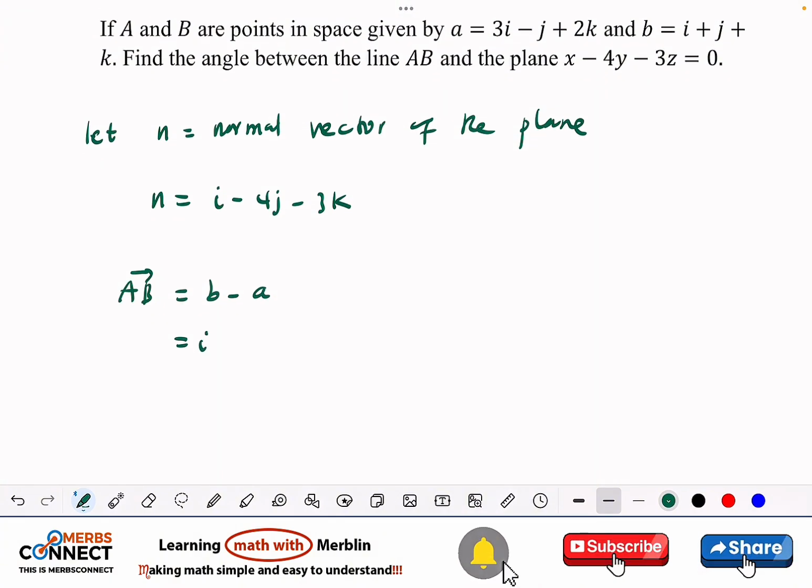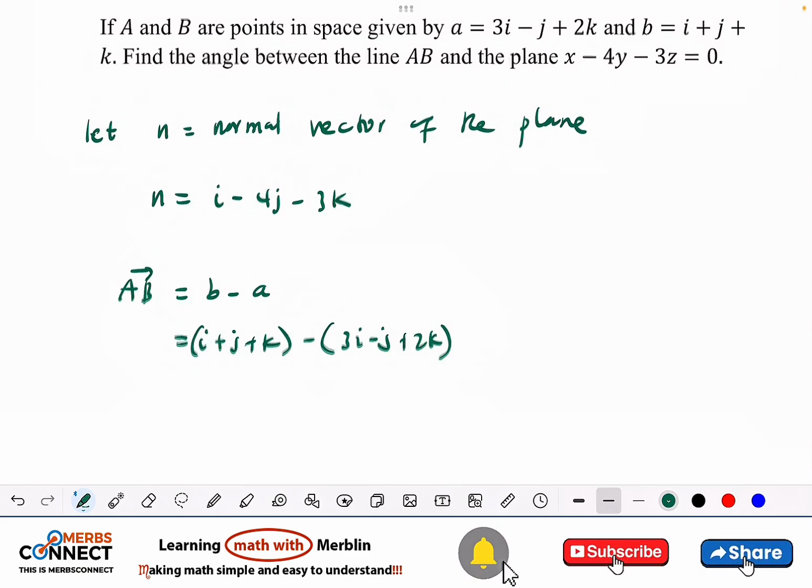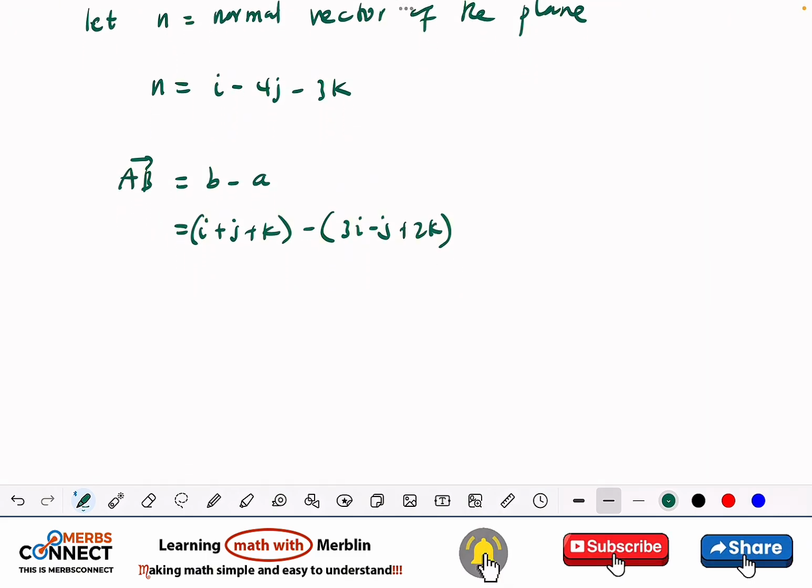I have i plus j plus k minus 3i minus j plus 2k. Let's try and simplify that.